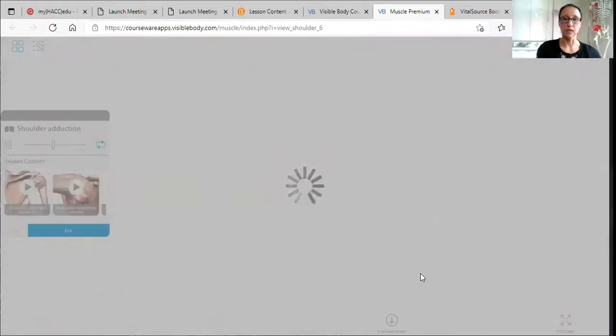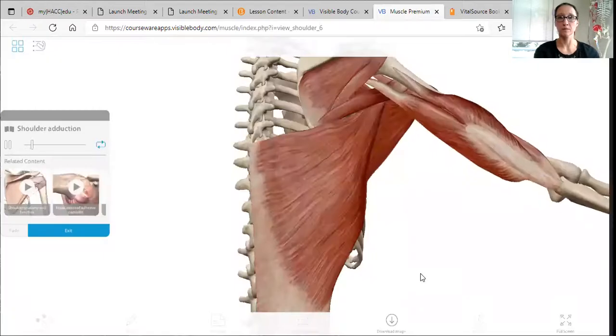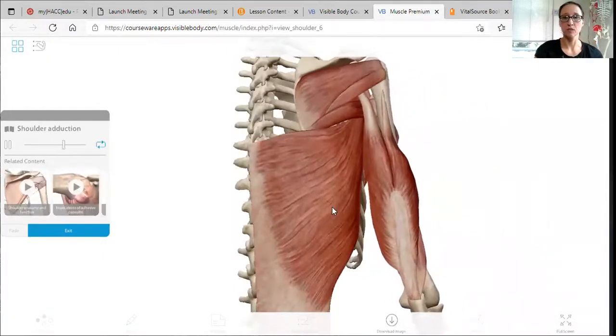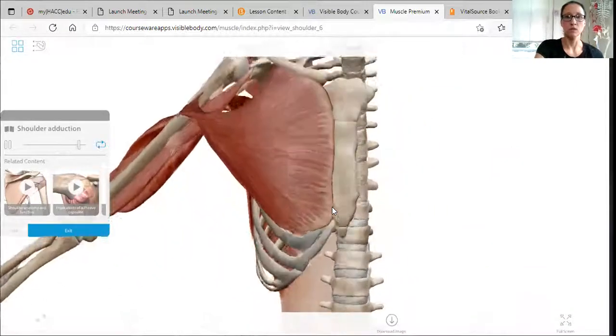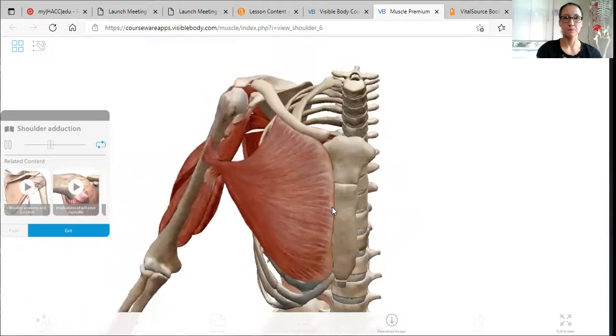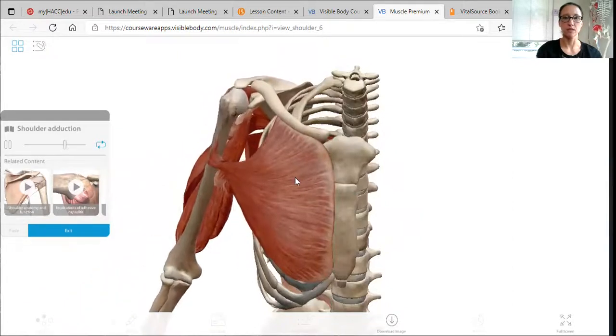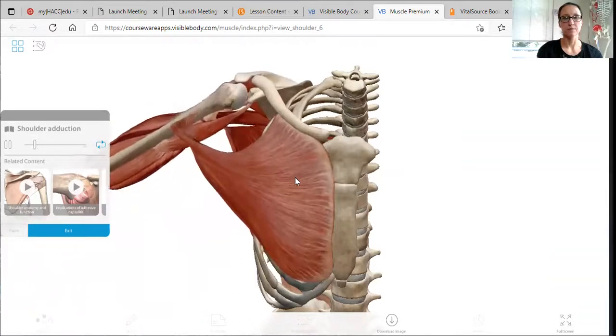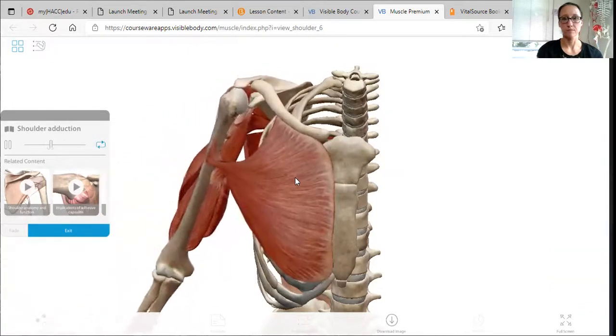This is just bringing it closer to the midline. And it shows you from the back, latissimus dorsi. But we want to see pec major. There it is. See it contracting and bringing the arm closer to the midline. Excellent.